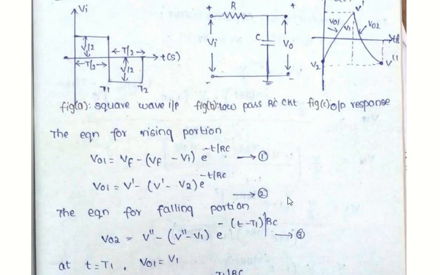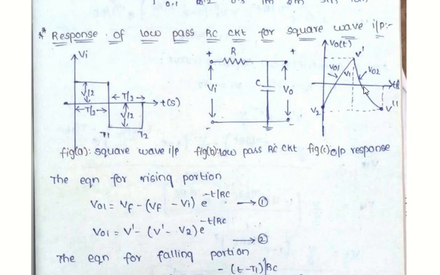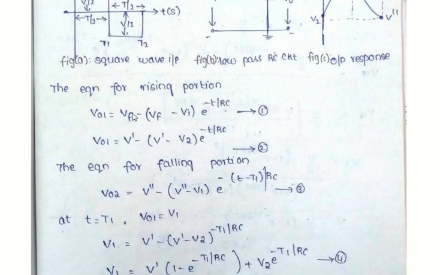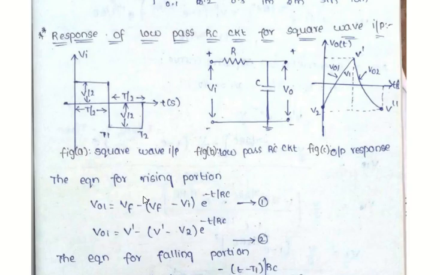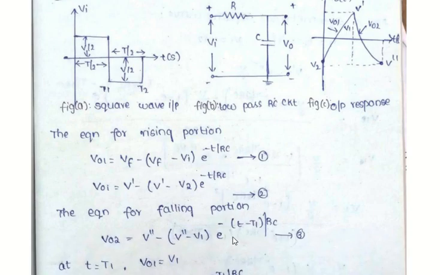Therefore V02 is equal to, in this falling portion, the initial value is V dash and the final value is V double dash. So V double dash minus V initial, sorry, V initial is V1, into e power minus t minus t1 by RC.